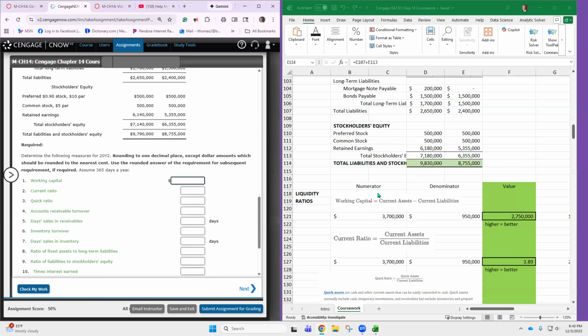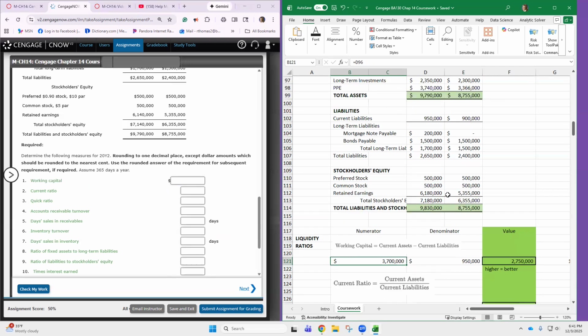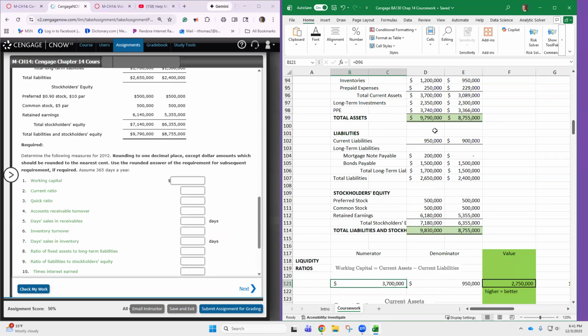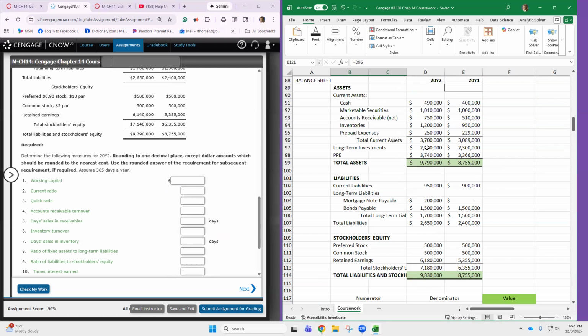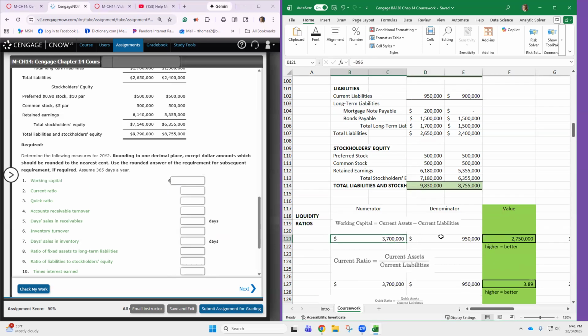So the first formula that we need to know is called working capital. We're going to take the amount of current assets and subtract the current liabilities. Okay, so my current assets are up here of 3,700,000, which I have it here. I'm just double checking my numbers are correct.